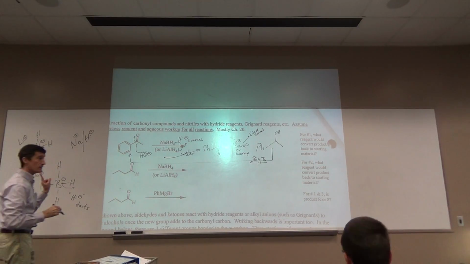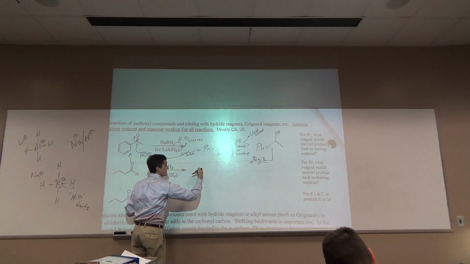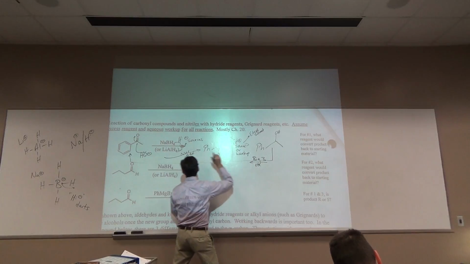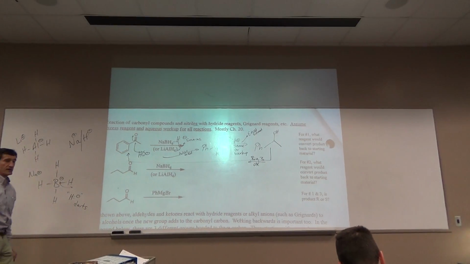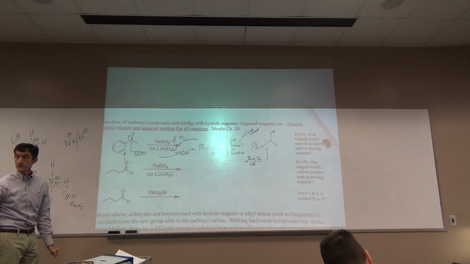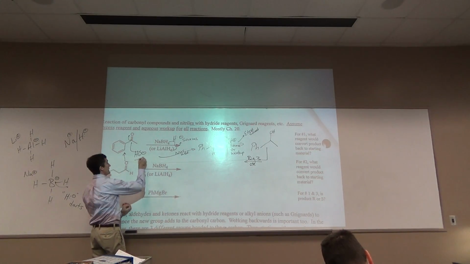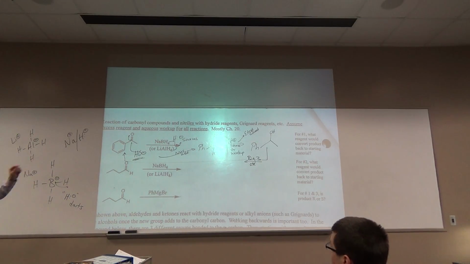So what are we doing here? Going this way, if this is an oxidation, what is going that way called? Reduction. How do you tell if you're doing a reduction? Adding H's. Yeah, that's what we added. You see it right here? We added an H. We reduced the ketone to the alcohol.